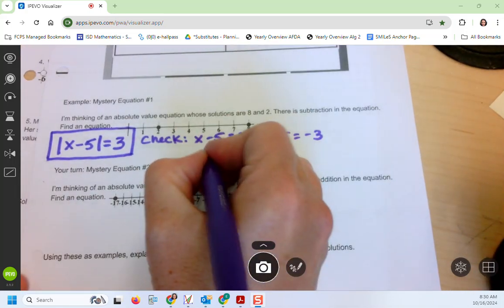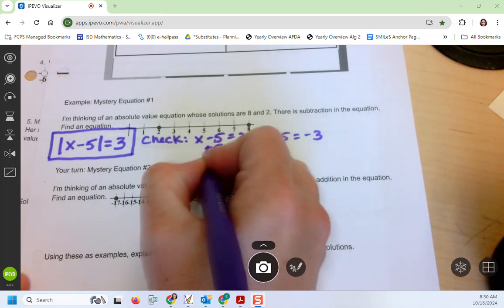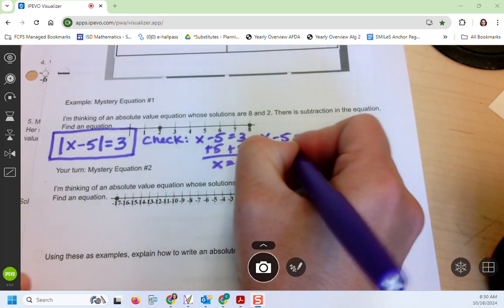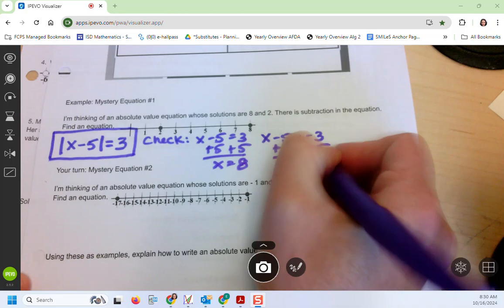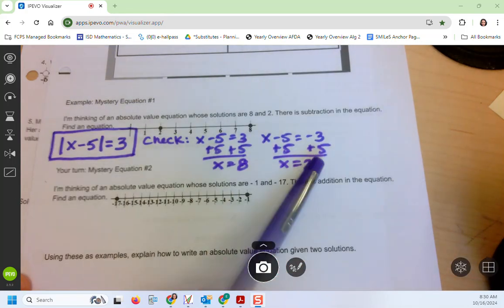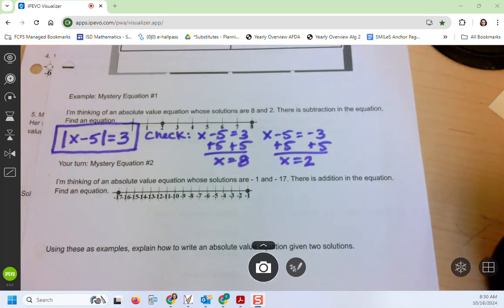So this one is going to give us 8. And this one gives us 2, right? All right, so that was our check, but our answer is the absolute value equation. So you guys were supposed to come up with the equation.